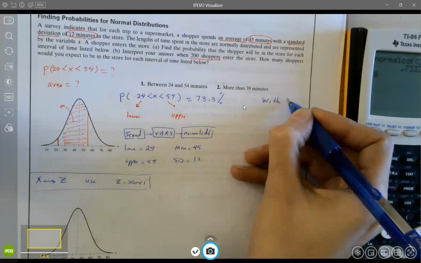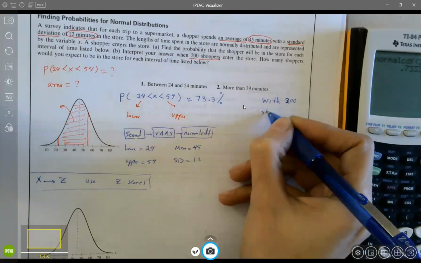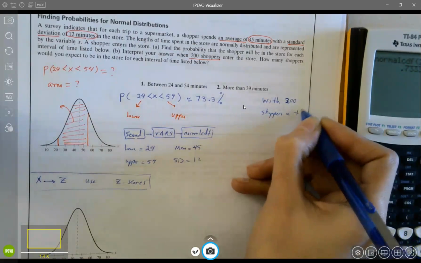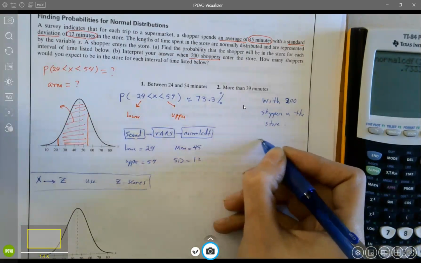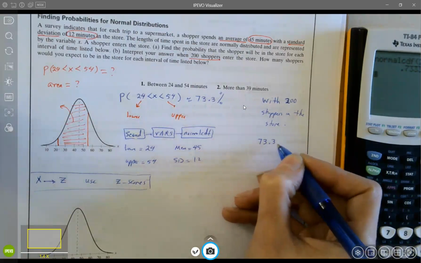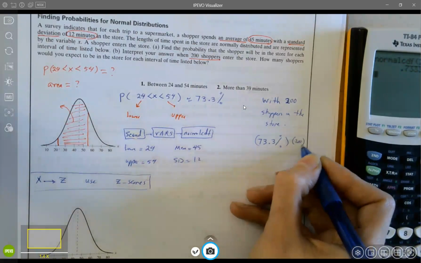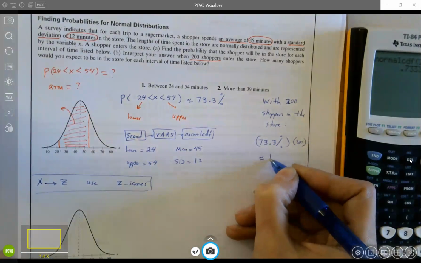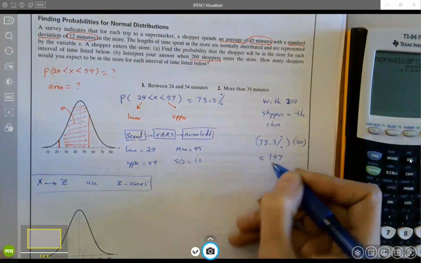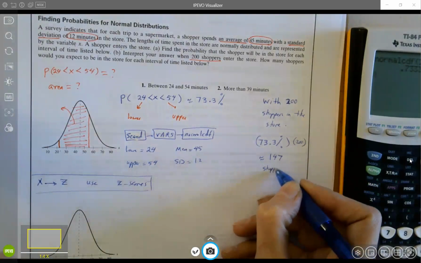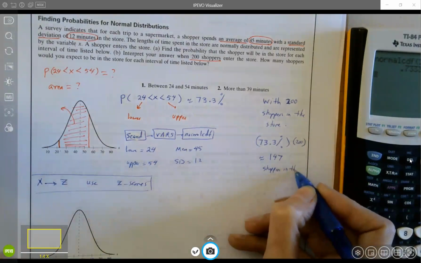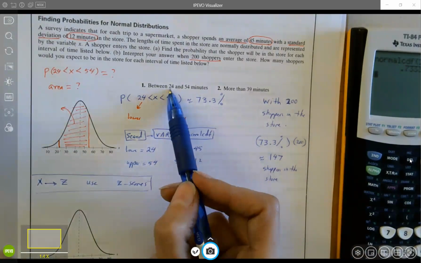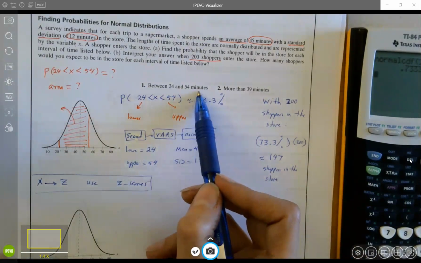With 200 shoppers in the store, the probability is 73.3% times 200, which is approximately 147 shoppers in the store who spend between 24 and 54 minutes in the store.